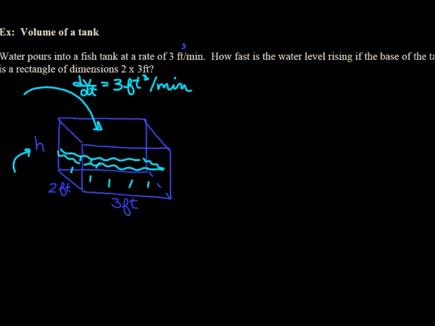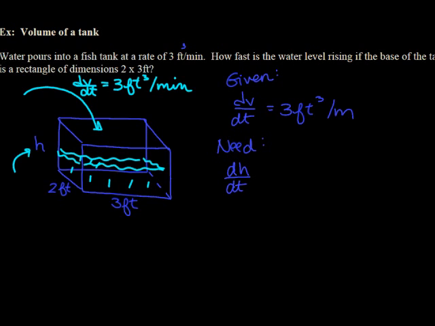All right, so let's go ahead and list out the given and the needed. So the given information is that dV/dt, the rate of change of the volume of the water entering the tank, is 3 feet cubed per minute. And we need the rate of change of the height with respect to time.